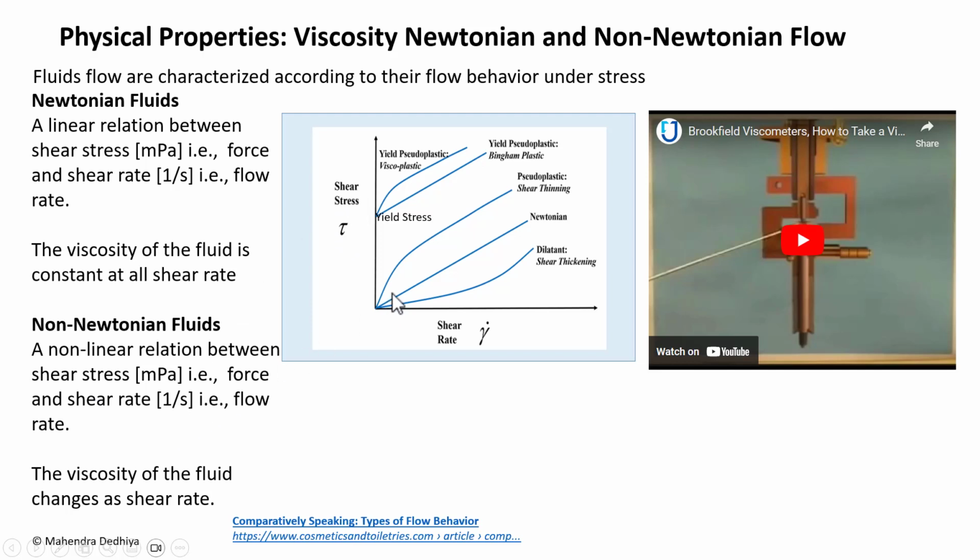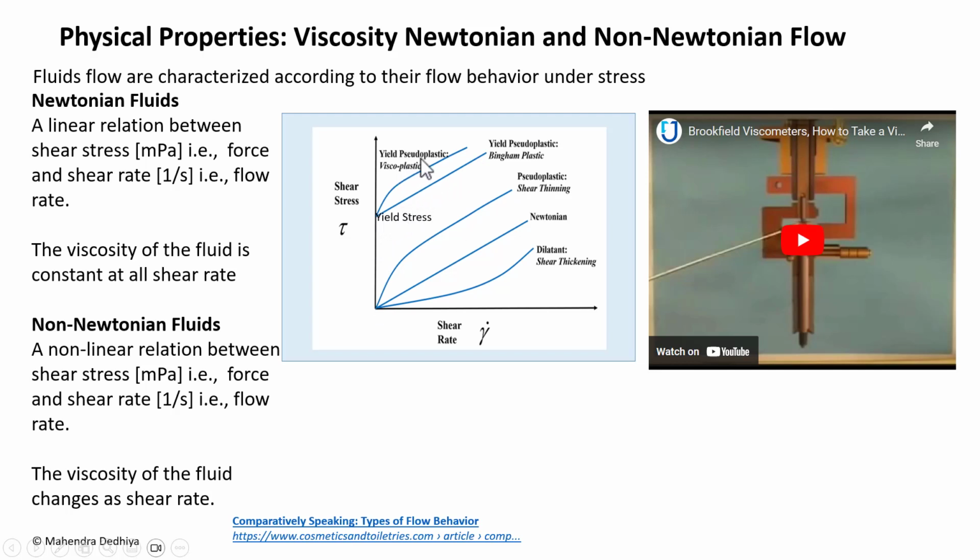by x. Pseudoplastic flow, as we increase the shear stress, shear rate initially increases and then it becomes linear. Shear thinning is very common property in many cosmetic, pharmaceutical, and dermatological products. There are products that require force before they start flowing.